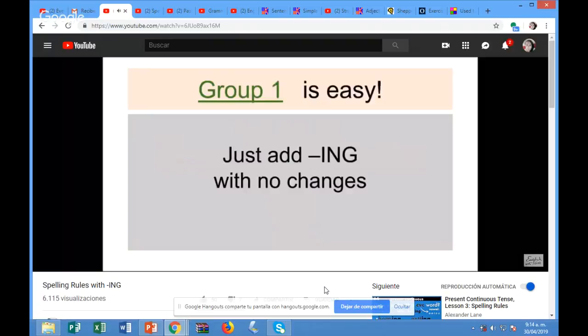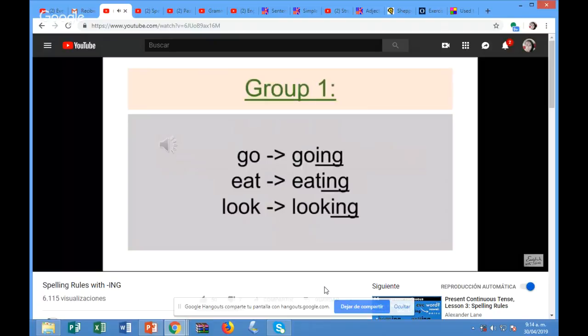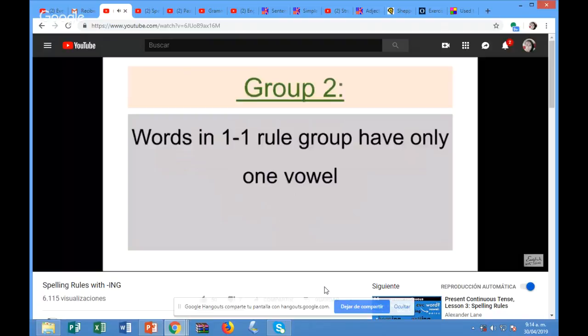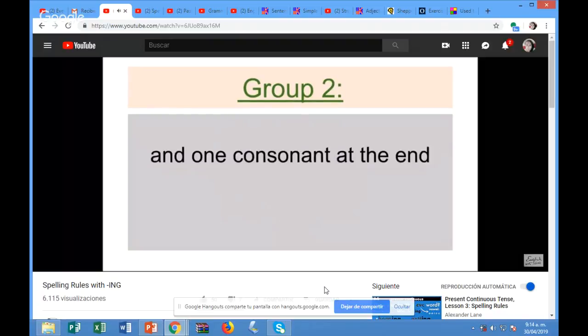Group 1 is easy. Just add ing with no changes. Group 2, let's call it a 1-1 rule group. Words in 1-1 rule group have only one vowel and one consonant at the end.